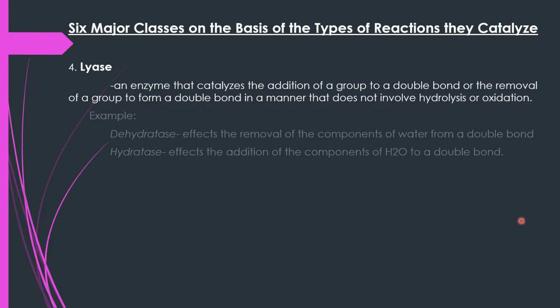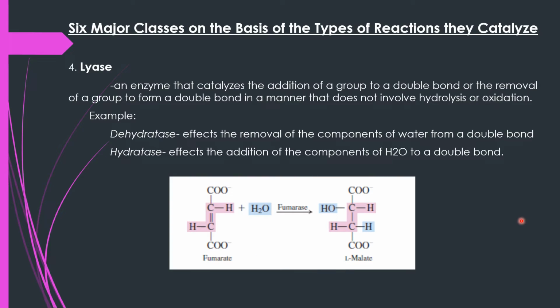We have an example: the dehydratase, which affects the removal of the components of water to form a double bond. Then we have the hydratase, which affects the addition of the components of water to a double bond. So this is an example of a lyase.